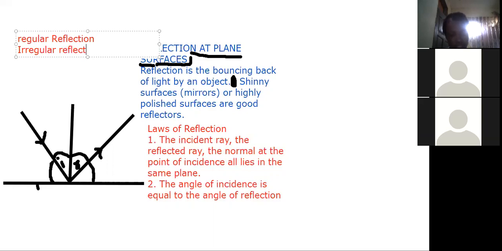When we say regular reflection, we mean that this occurs when the surface of the reflection is smooth or highly polished. And so the regular reflection occurs on a smooth surface or a highly polished surface. That is it. Now, an irregular reflection occurs on a rough surface.